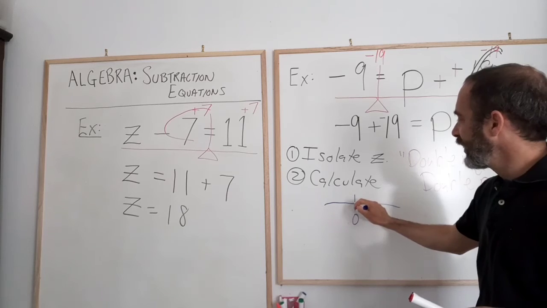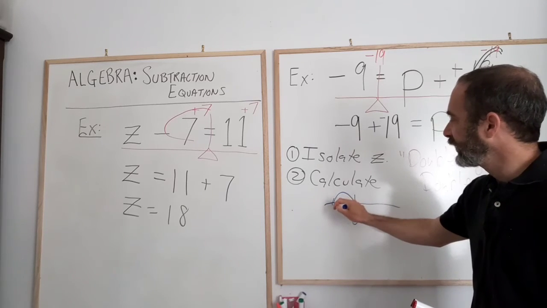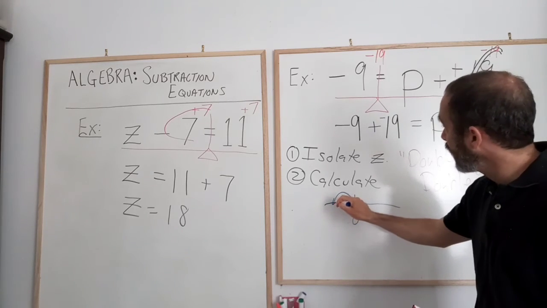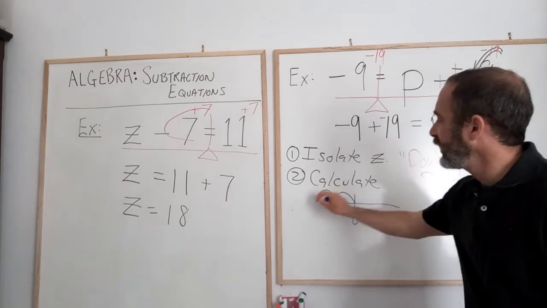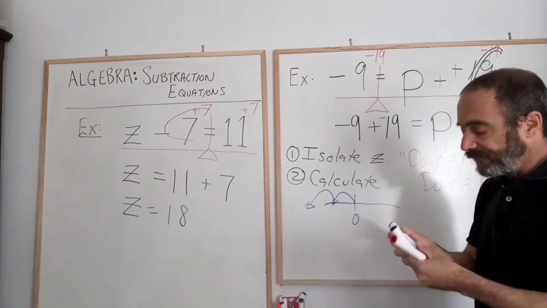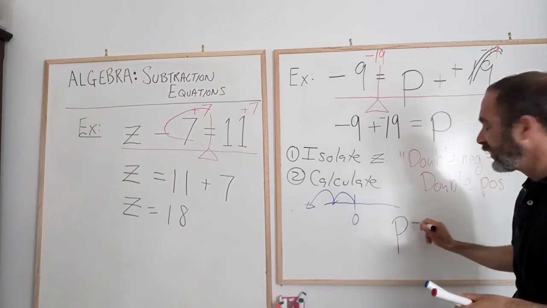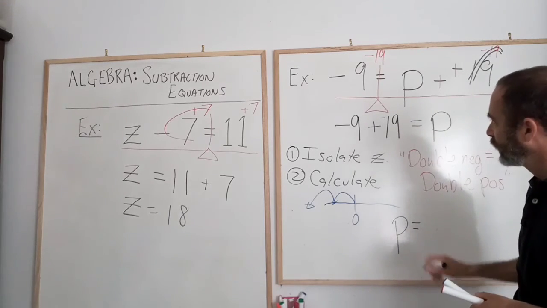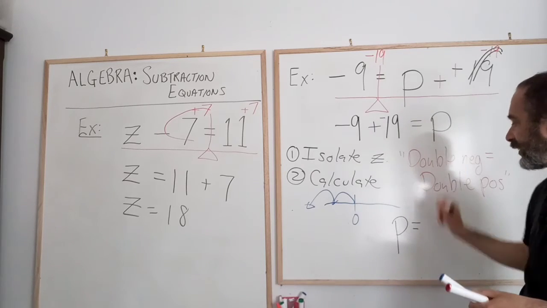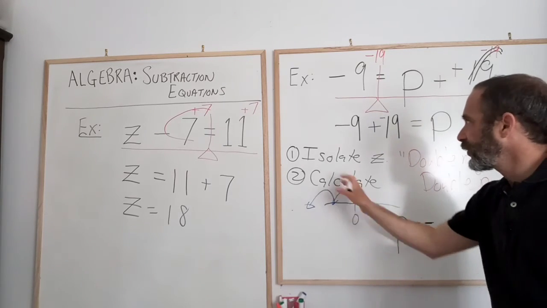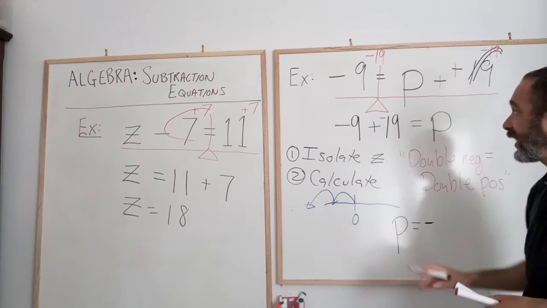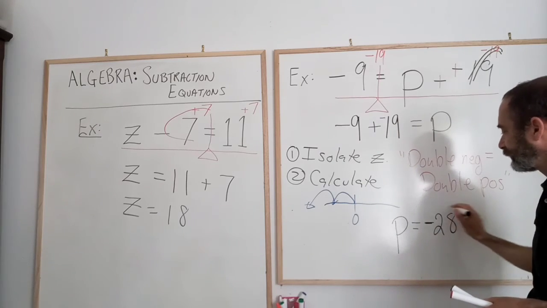Negative 9 goes backwards, and then negative 19 goes even further to the left. So we end up adding those two values to get a p equal to 9. It's a negative value, right? Because I'm in negative territory. And 9 plus 19 is 28.